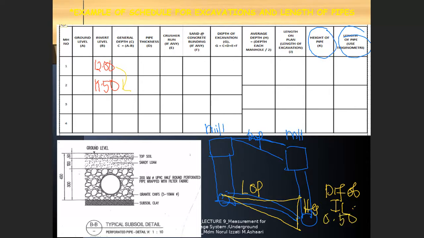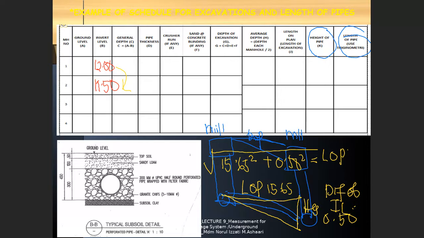Let's say length on plan is given as 15.65. So the length of the pipe that you can measure is 15.65 squared plus 0.5 squared, and after that you find the square root. So this is the length of the pipe.